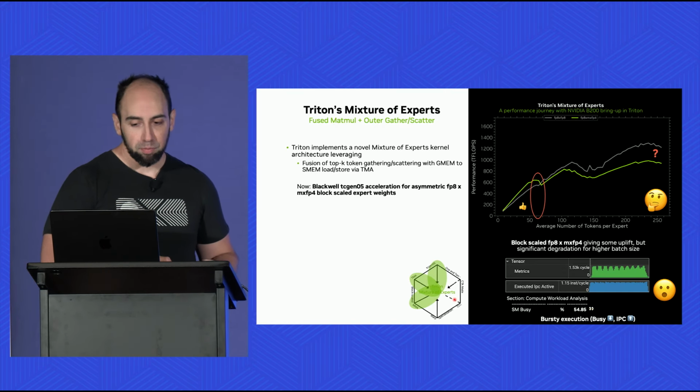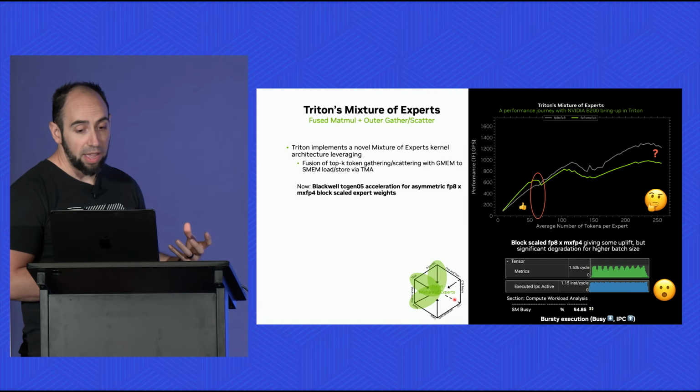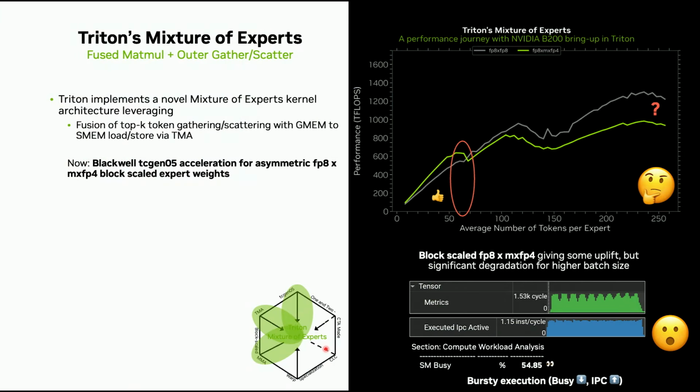If we pull out our Nsight Compute tool and take a look at this region, one of the things we find is that there's a fair amount of bubbles or gaps in our Tensor Core execution, which we don't like. Ideally, it's just running nonstop. The other curious thing is that the SM is really busy only about half the time, and when it is busy, it's executing an instruction per cycle.